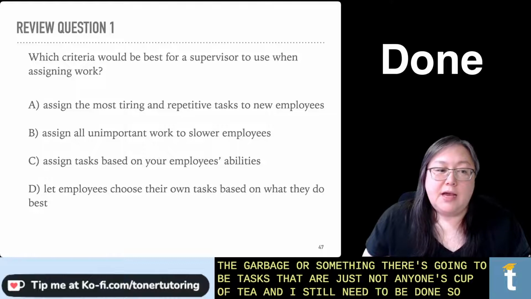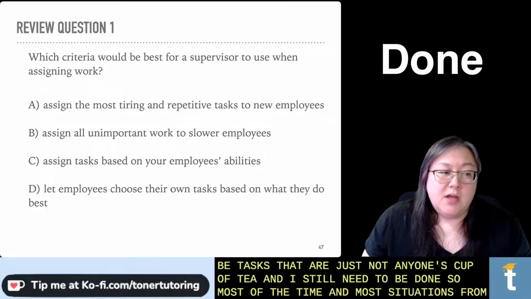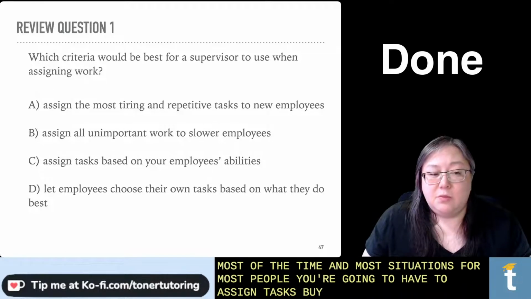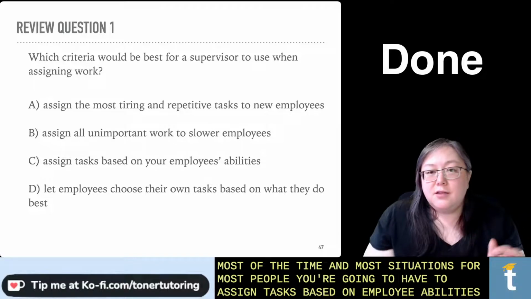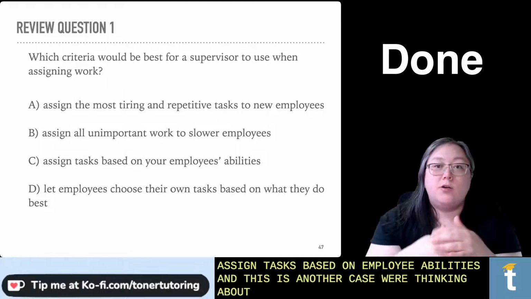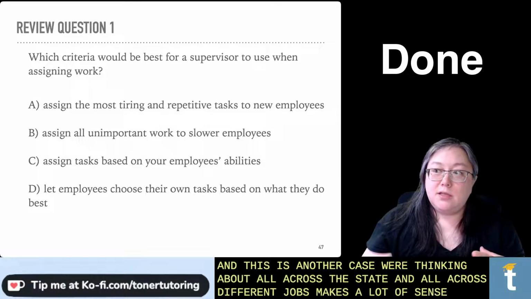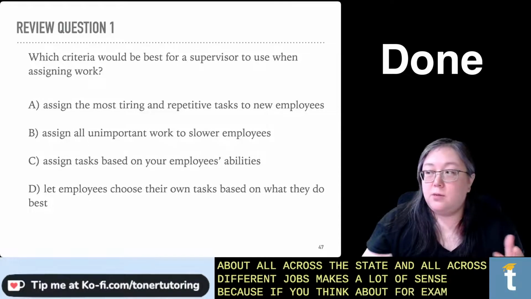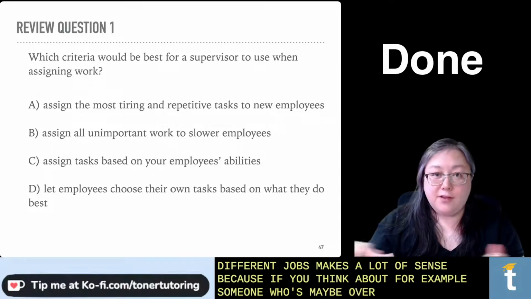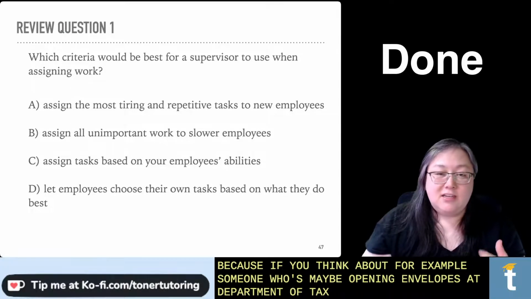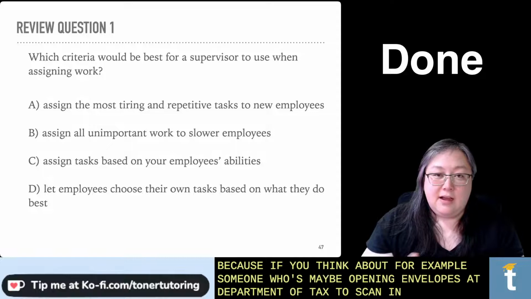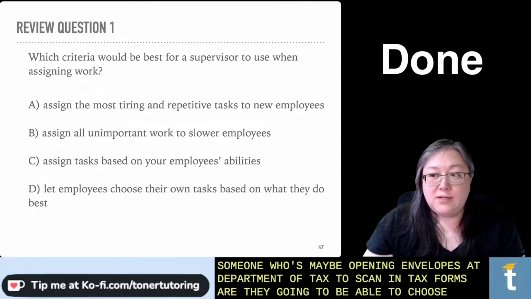So most of the time, in most situations, for most people, you're going to have to assign tasks based on employee abilities. And this is another case where thinking about all across the state and all across different jobs makes a lot of sense. Because if you think about, for example, someone who's maybe opening envelopes at Department of Tax to scan in tax forms, are they going to be able to choose their own tasks?